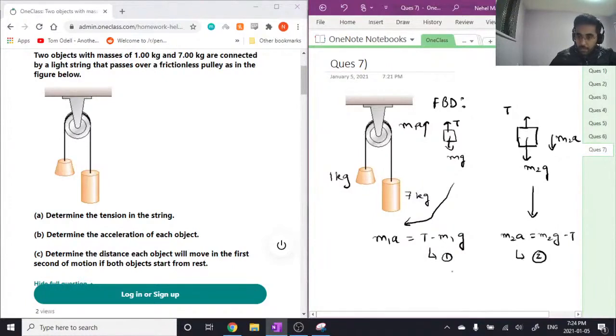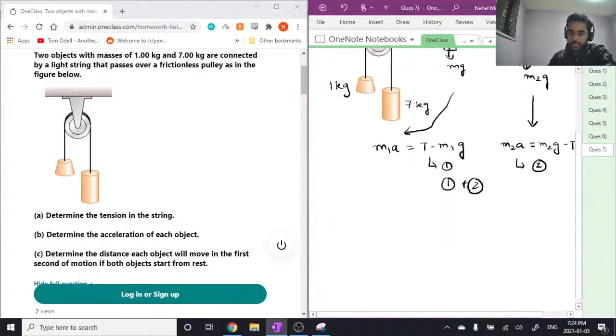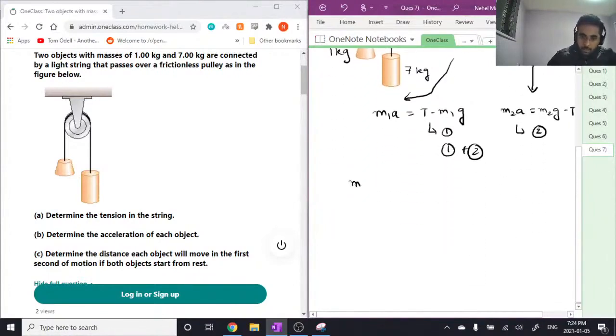If we add 1 and 2, we get M1A plus M2A equals M2G minus M1G, as the tension cancels out. From here we can solve for acceleration right away.